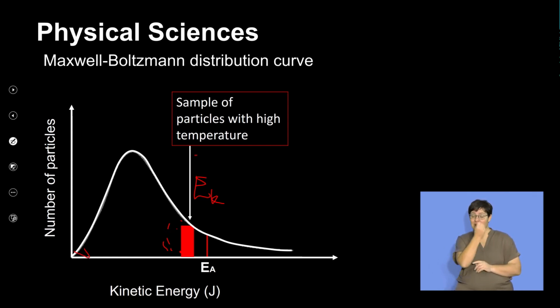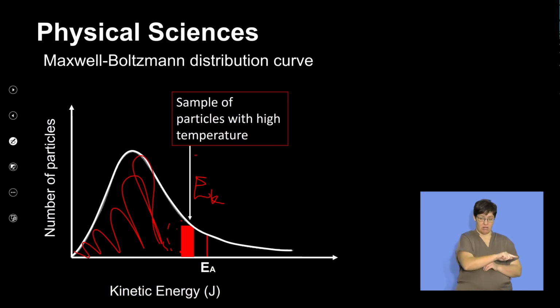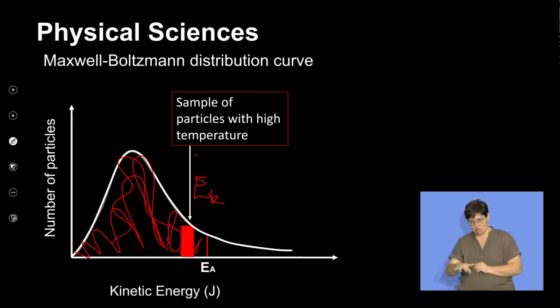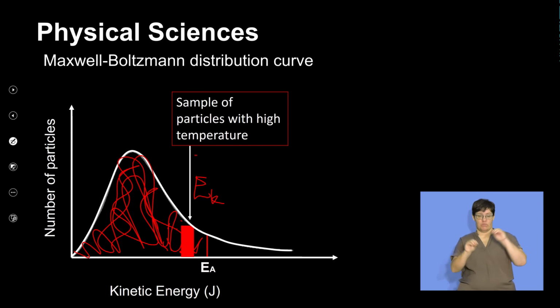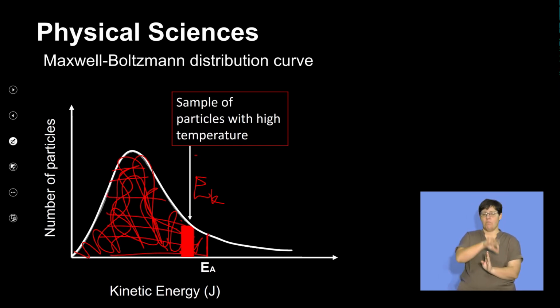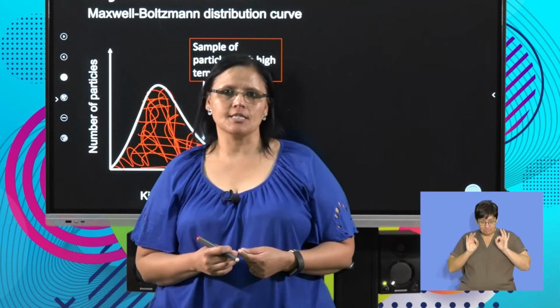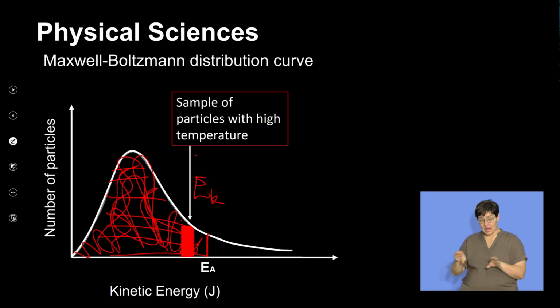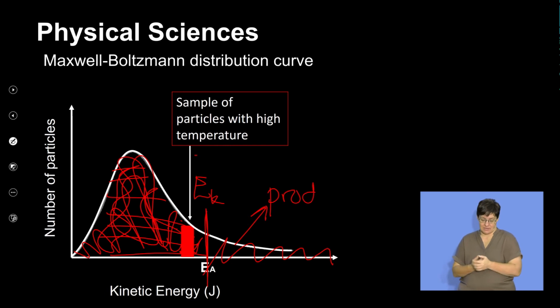But what we need to understand is that this whole curve has particles in motion. These particles are colliding. All the particles to the left of my red line are just moving and colliding, but they do not form effective collisions. It is only the collisions from this red line onward that are effective collisions, and these effective collisions lead to product formation.